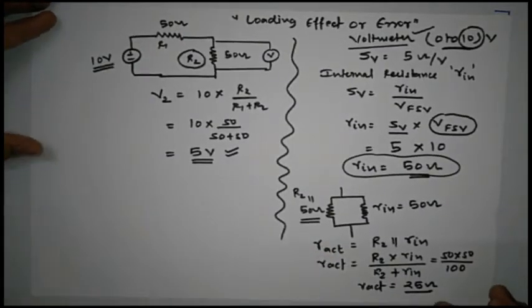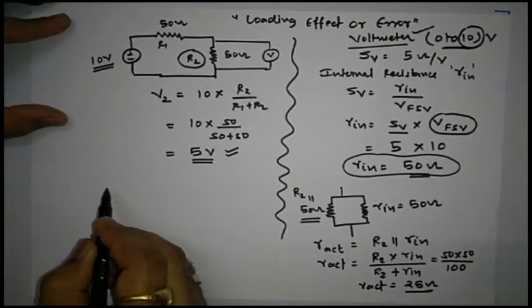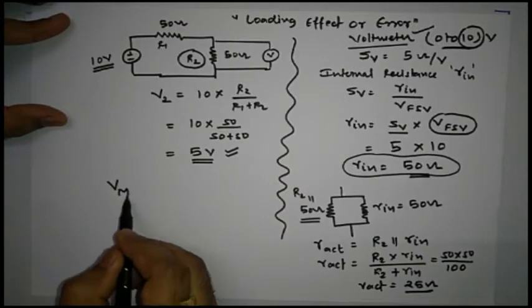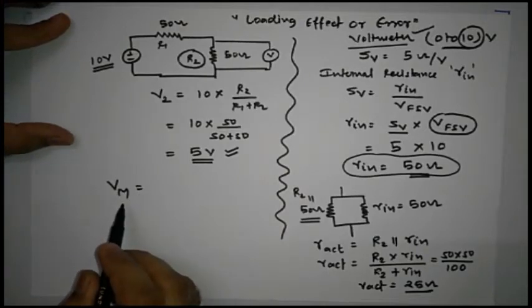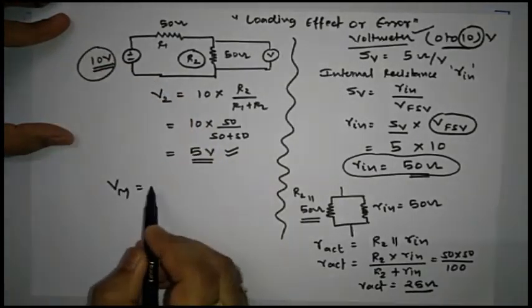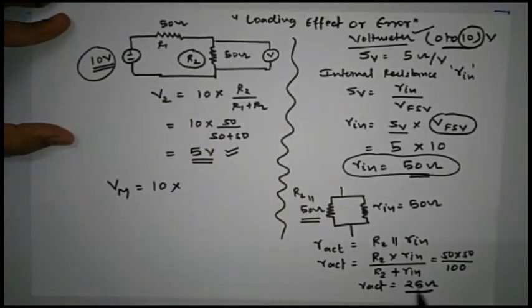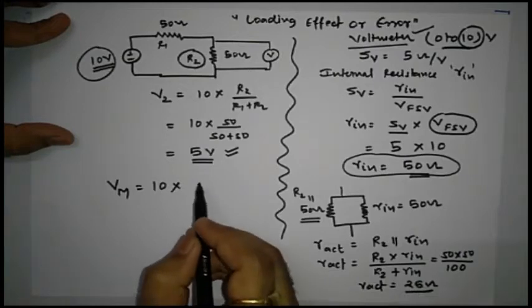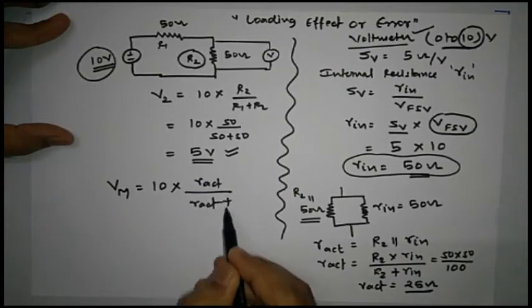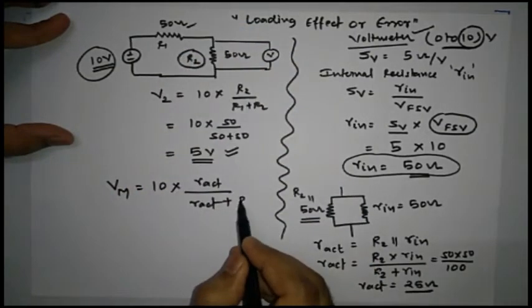Now let us calculate what will be the voltage indicated by a voltmeter. So Vm, which is nothing but the voltage measured by a voltmeter, in this case is going to be supply voltage, which is 10, multiplied by the actual value of resistance seen by the voltmeter, R actual divided by R actual plus this R1.